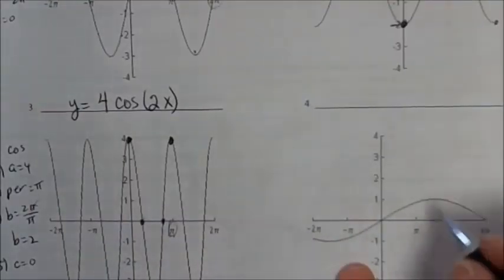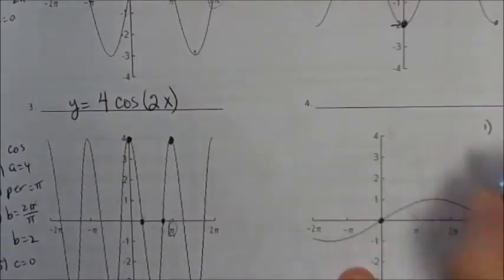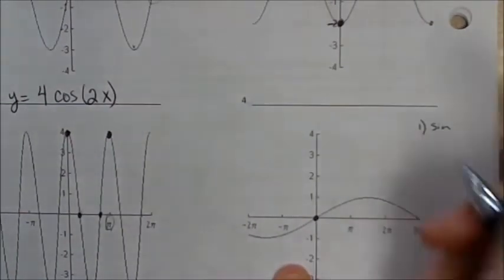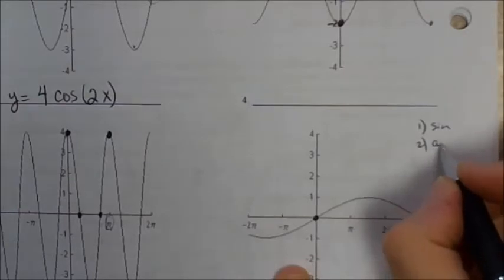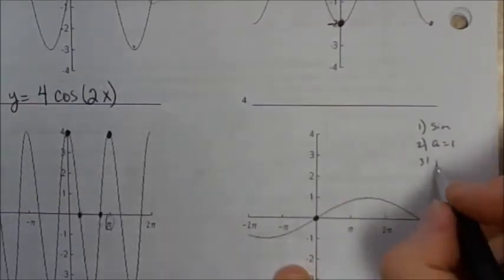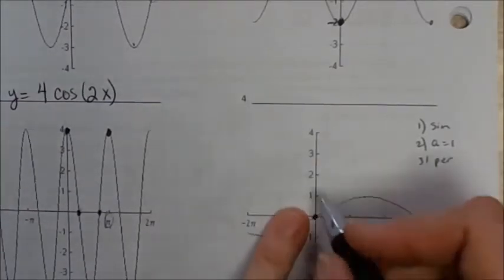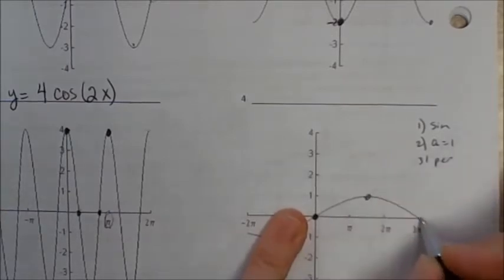The next curve starts at the origin. So step 1, because this starts at the origin, this is a sine curve. Step 2 says, what's the amplitude? Well, the high point is 1, so the a value is 1. Step 3 says, what is the period of this graph? Well, how long does it take to get through one full cycle? We have 0, max, 0.